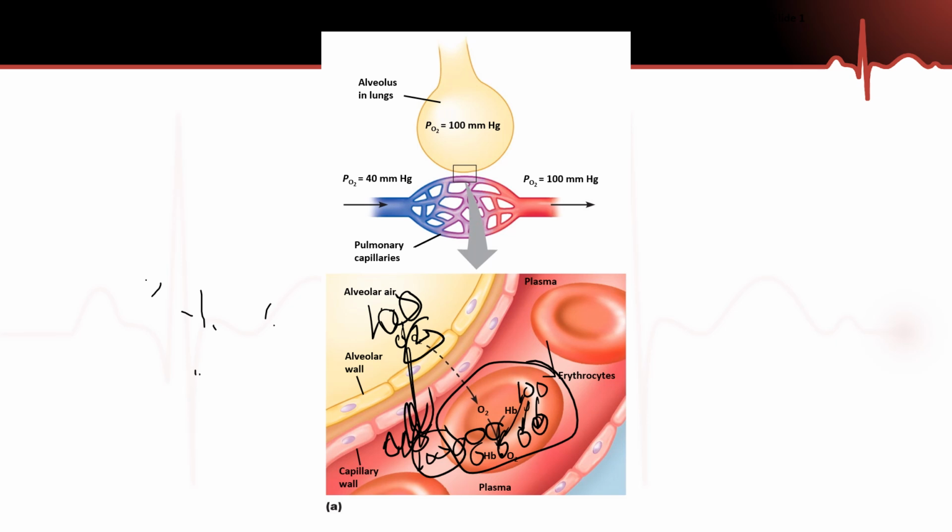So what's going to happen to the partial pressure of oxygen within the intracellular fluid of this red blood cell if the oxygen is being extracted from the intracellular fluid by being bound to hemoglobin? The answer is the partial pressure of oxygen within the intracellular fluid of the red blood cell will fall as more and more of the oxygen becomes bound to hemoglobin.